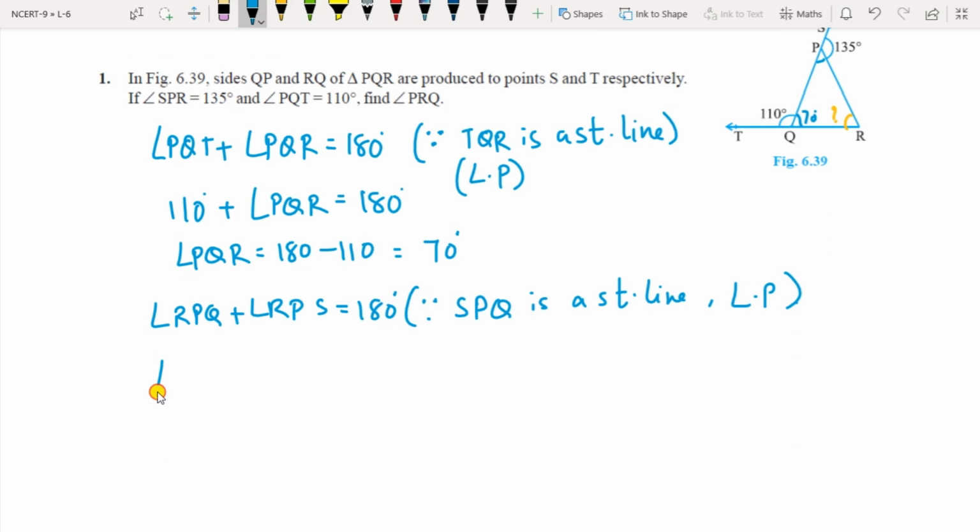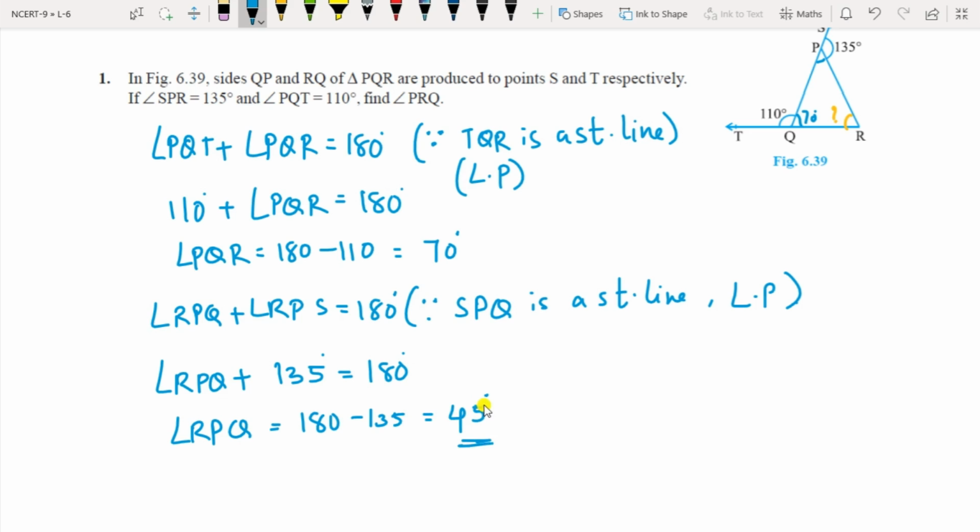RPQ that we have to find, plus 135, is equal to 180. Therefore RPQ is equal to 180 minus 135, that gives you 45 degrees. So this is RPQ and this is 70. So this is now here 45 degrees.